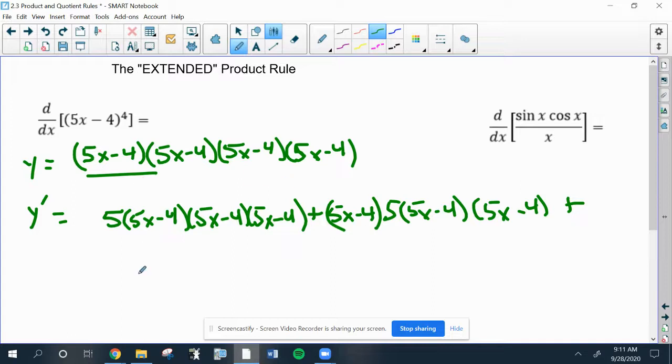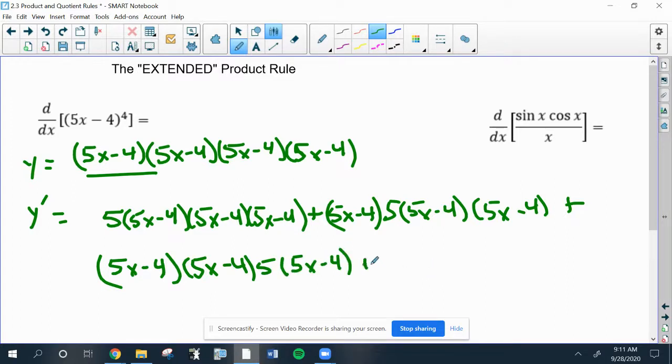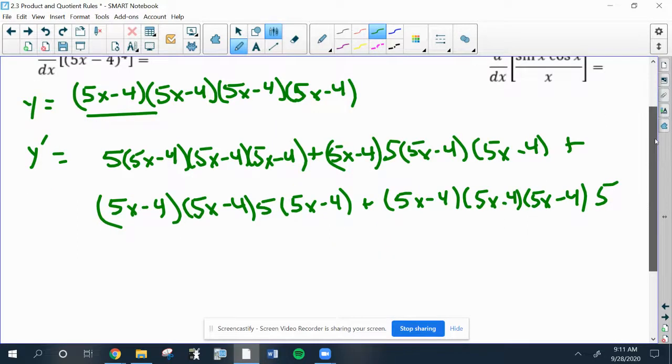So we have a third. So I'm going to take the derivative of the third while leaving the others alone. And finally, I'm going to take the derivative of the last factor while leaving the others alone. I have to add all of those together.